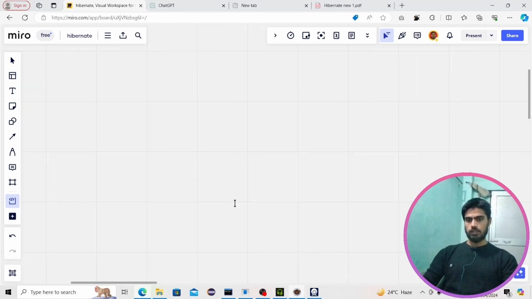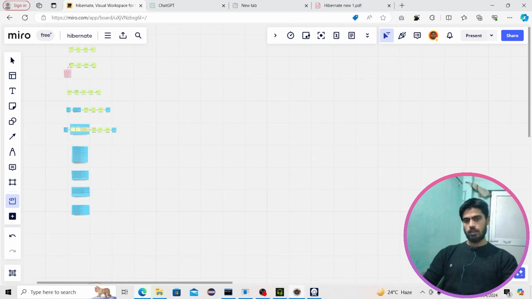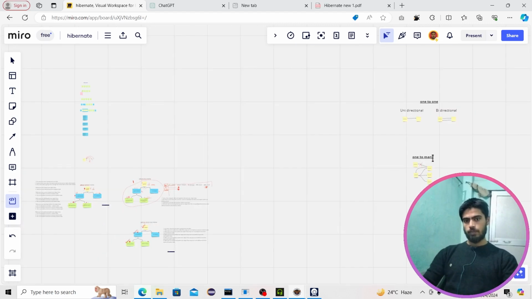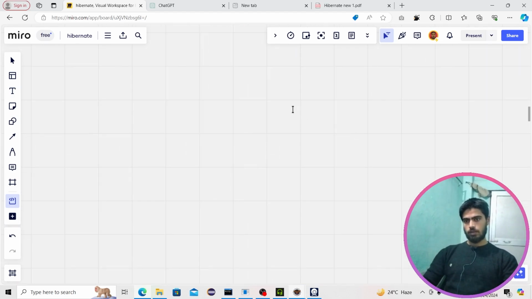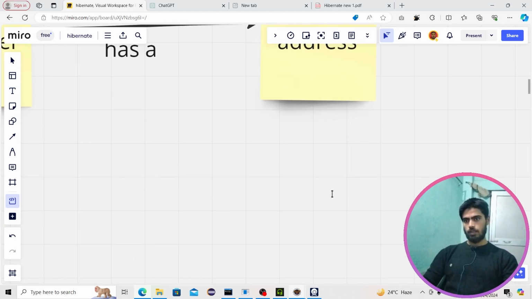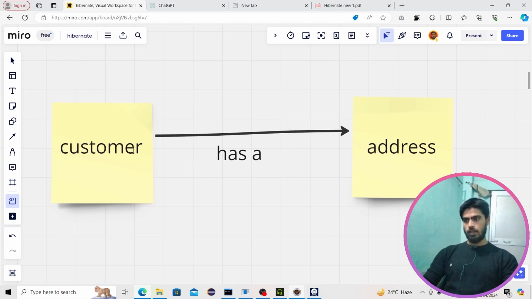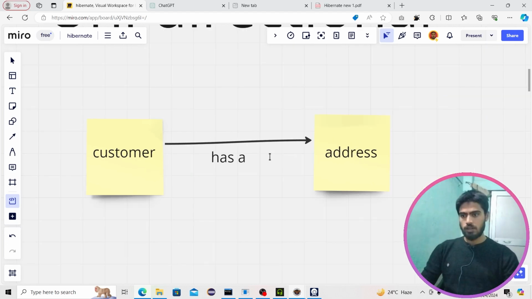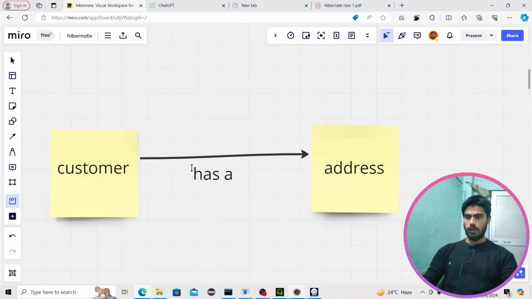Let's see what unidirectional and bidirectional actually mean. Suppose here is a customer and address with a has-a relationship: customer has address, or address has a customer.